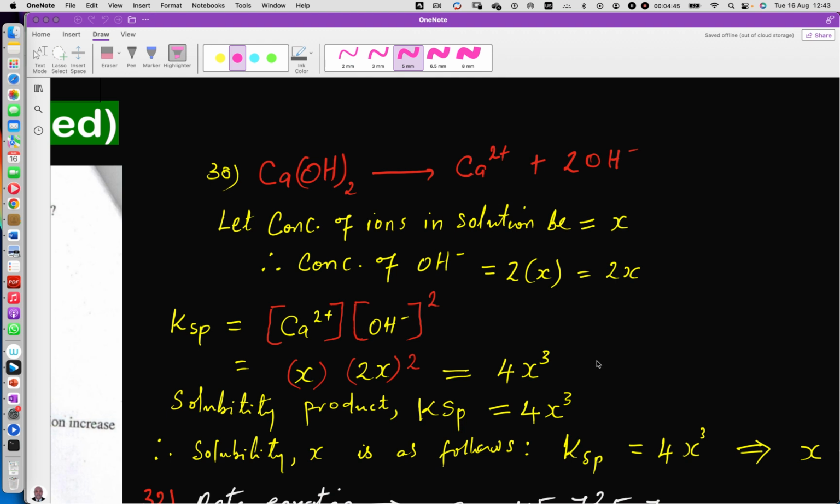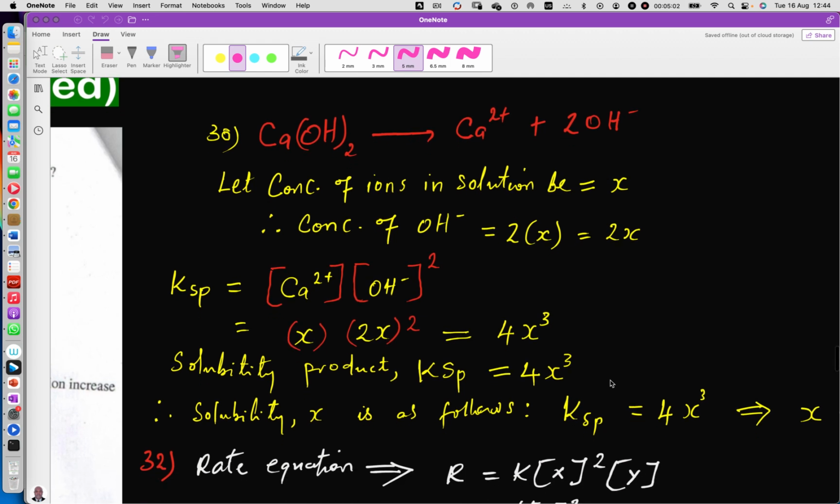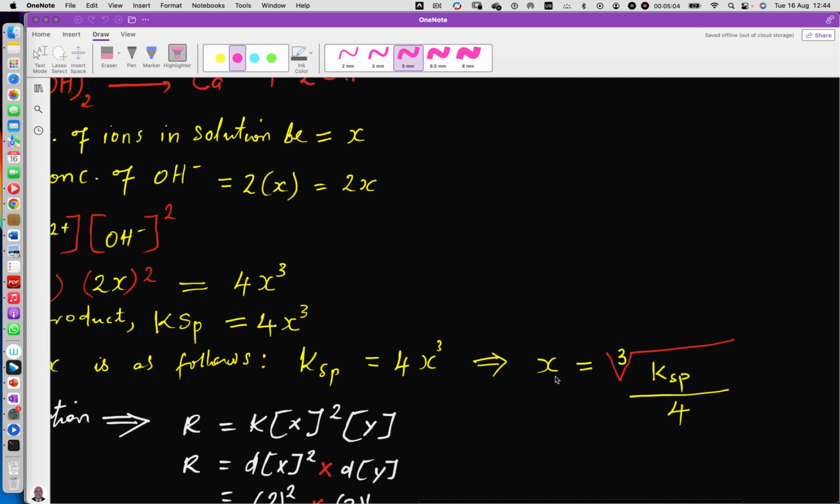And now, the solubility X is as follows. The solubility X for this equation will be what? We will divide both sides by 4, then look for the cube root. Dividing both sides by 4 and looking for the cube root, this value will be very, very low.